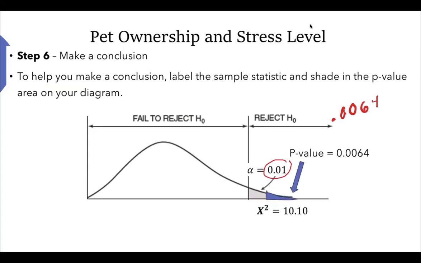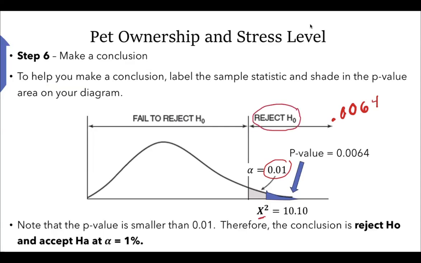So we do have a significant result. Our p-value is smaller than 0.01. Our chi-square test statistic falls inside the critical region. We could reject the null hypothesis. Okay, reject the null hypothesis, accept the alternative at alpha equal 1%.